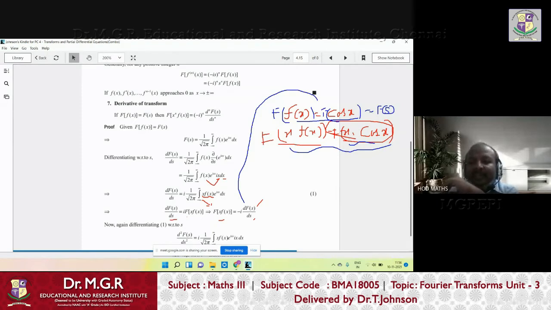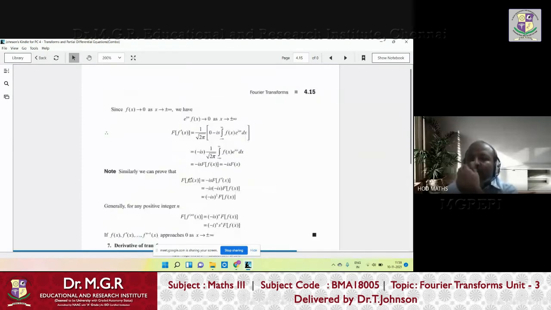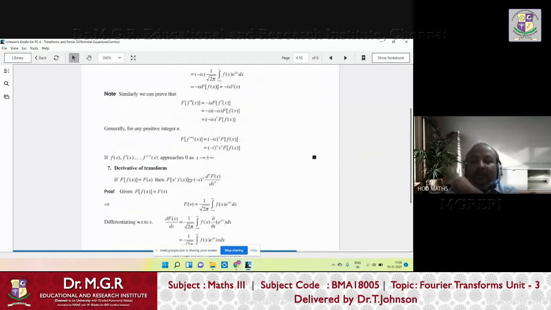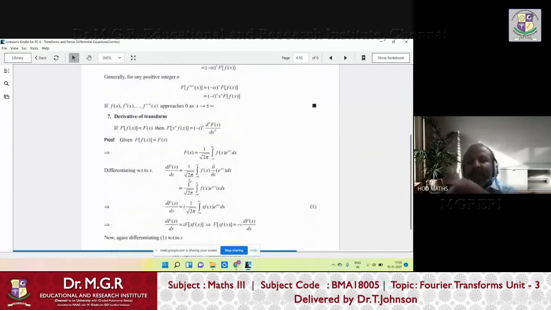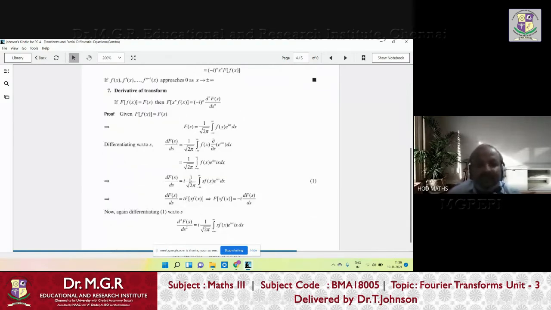But again, this is also a recurrence relation. You can extend this relation to the higher derivatives. That means again you can differentiate after writing like this: d by ds of F of s equal to i times Fourier transform of x into f of x.